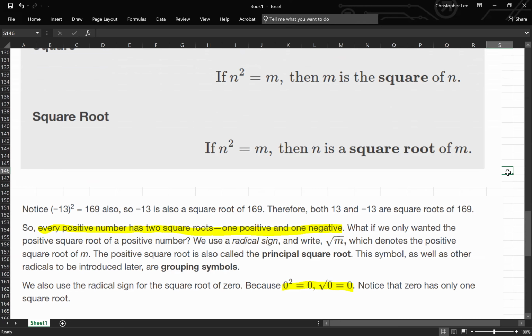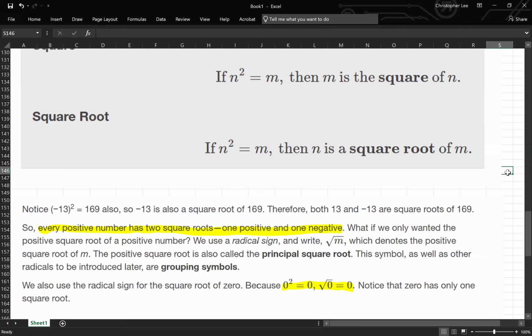What if we only wanted the positive square root of a positive number? We use a radical sign and write the square root of m, which denotes the positive square root of m. The positive square root is also called the principal square root. This symbol, as well as other radicals to be introduced later, are grouping symbols.